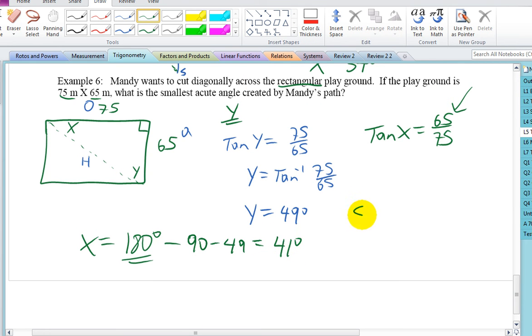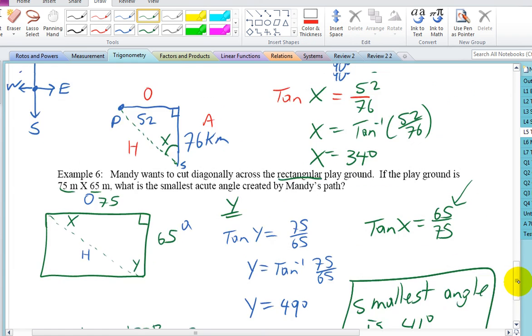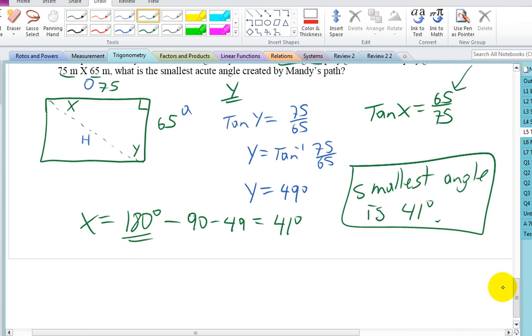Okay, so the smallest angle is 41 degrees. If you're unsure, you can always quickly check.